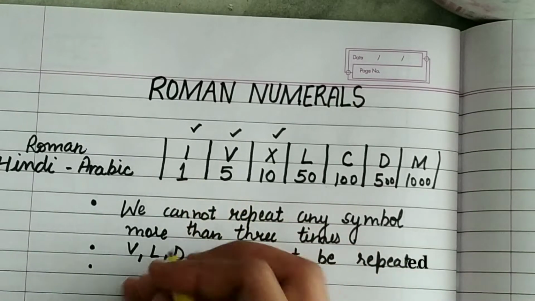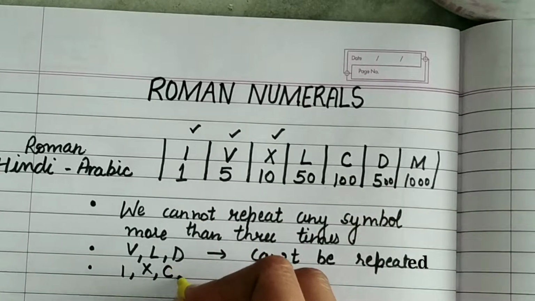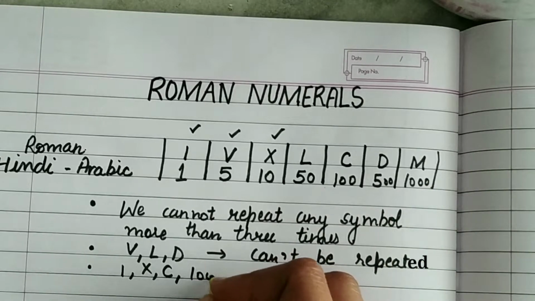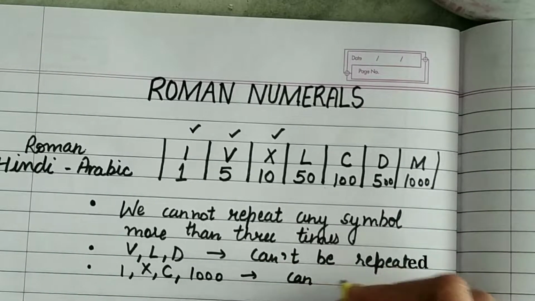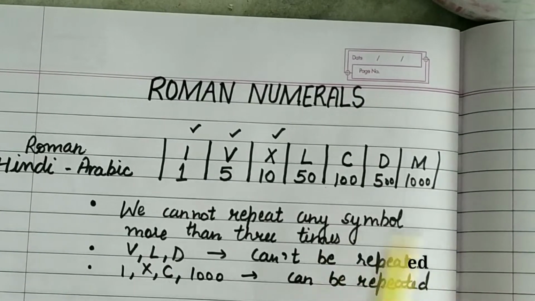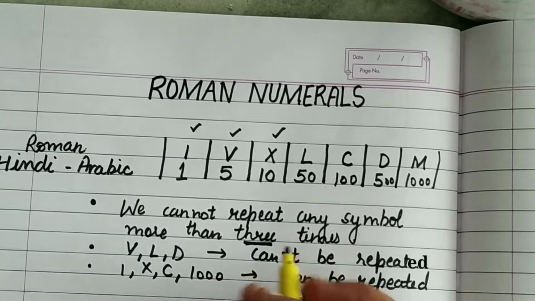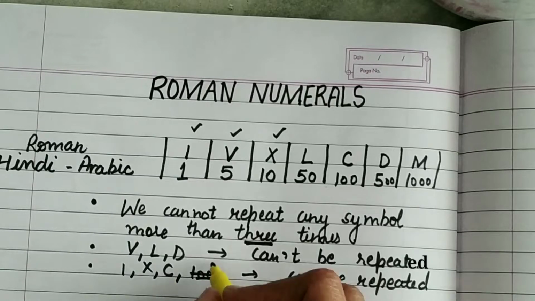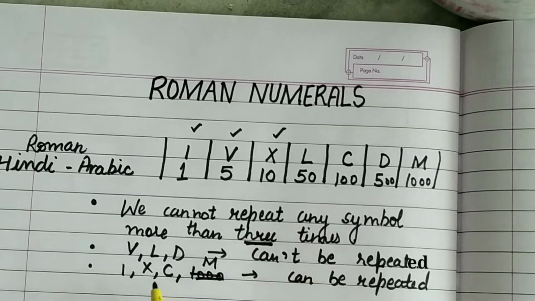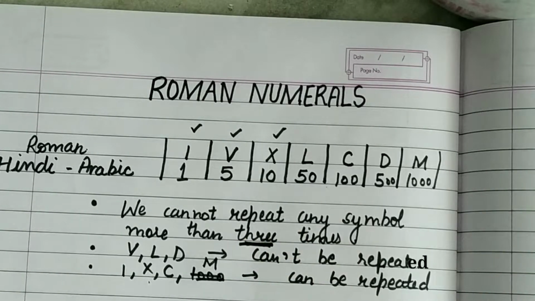And the left are I and X, then C, and then M. These can be repeated, but how many times? Only 3 times. I cannot repeat it more than that.